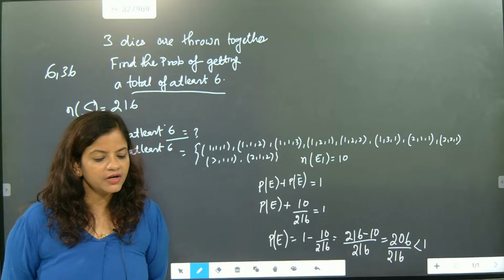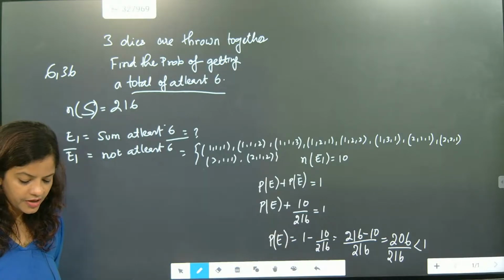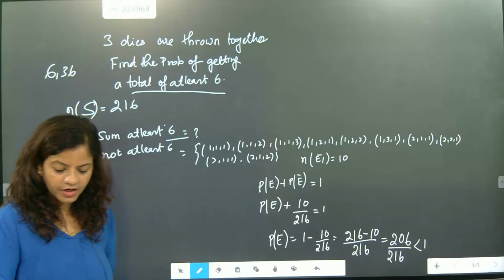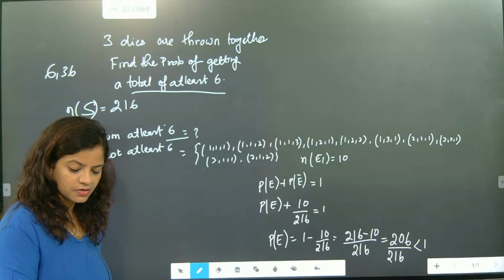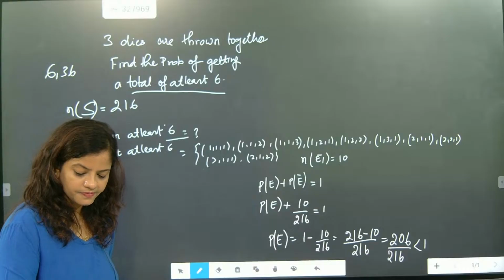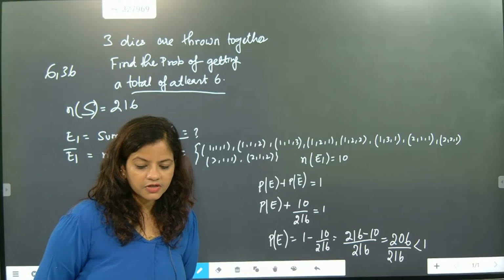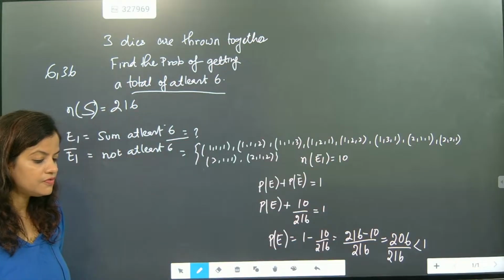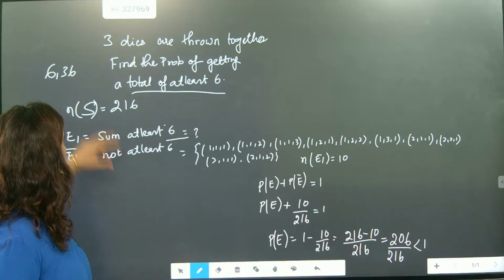I hope everybody understood how to attempt these types of questions, beta. Is it okay? Did you understand how to attempt these types of questions? We are going to solve some more questions like this in coming time. This is exactly the way to proceed, beta.